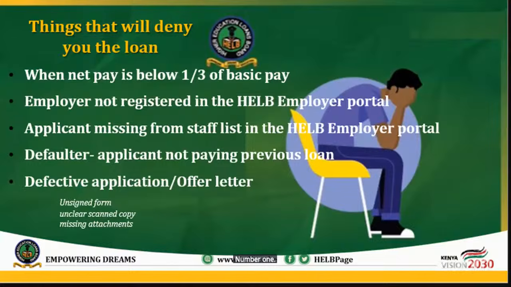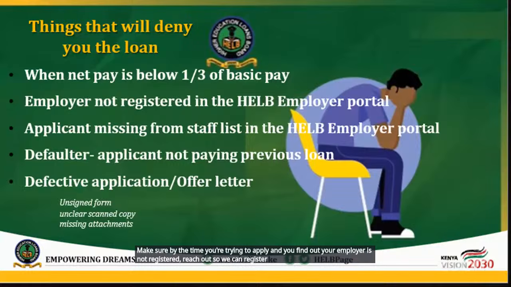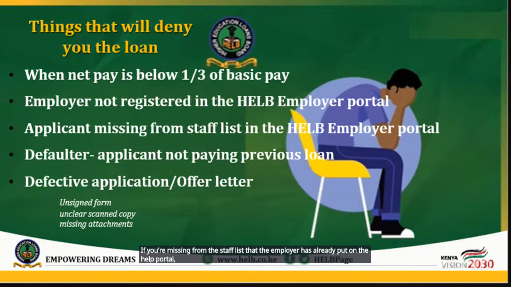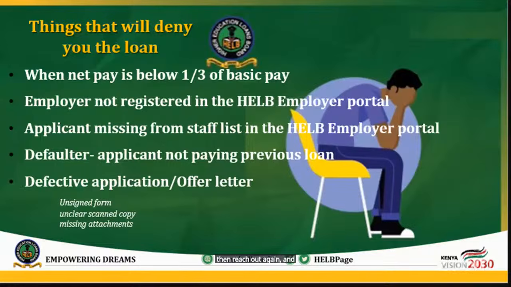Number two, is your employer registered on the employer's portal? If by the time you're trying to apply you find out your employer is not registered, reach out so we can register the employer and then you apply. Number three, if you're missing from the staff list that the employer has already put on the HELB portal, then reach out again and we shall guide you before you do the application.